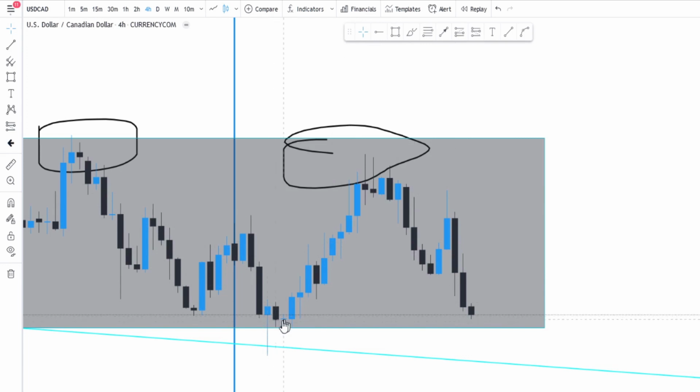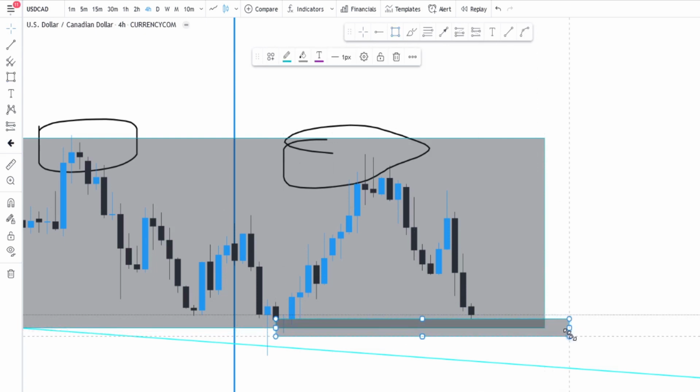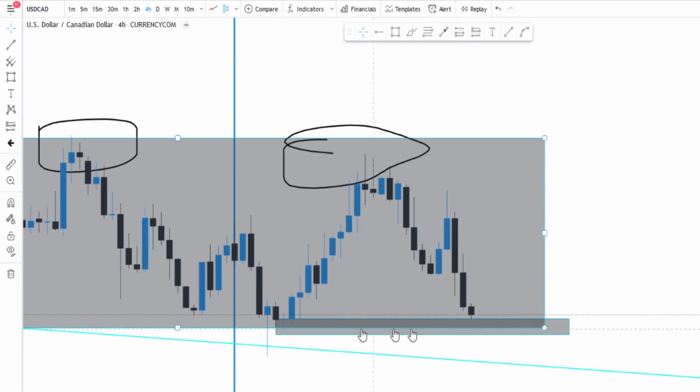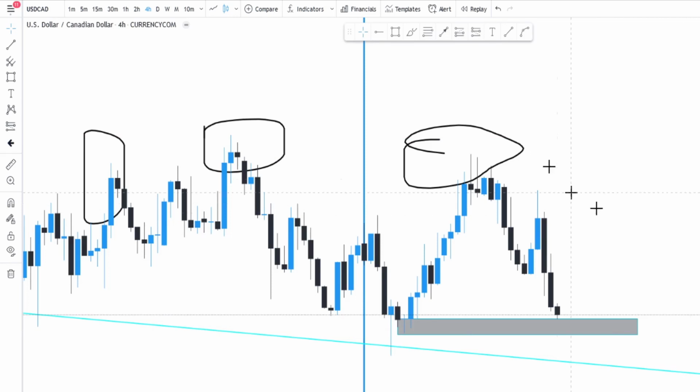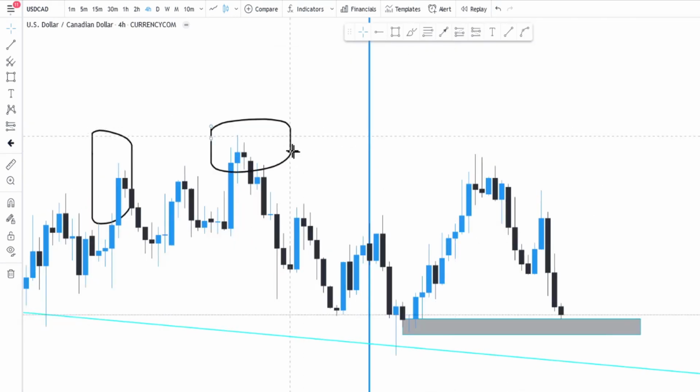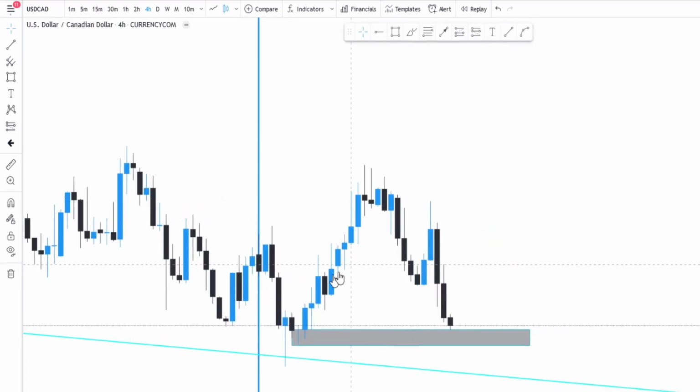We got here our zone of collection. We got some weak rejection here. So let's remove this.